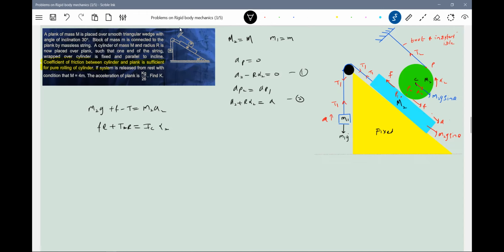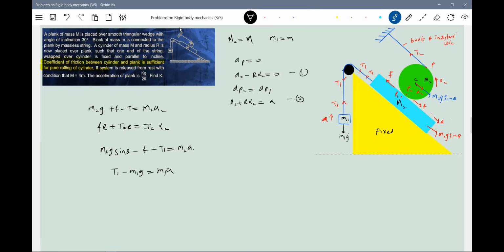I think all the equations are over. Then for the plank, m2 g sin theta minus F minus T1 equals m2 a. Then T1 minus m1 g equals m1 a. Solving all this, we'll get the required thing.